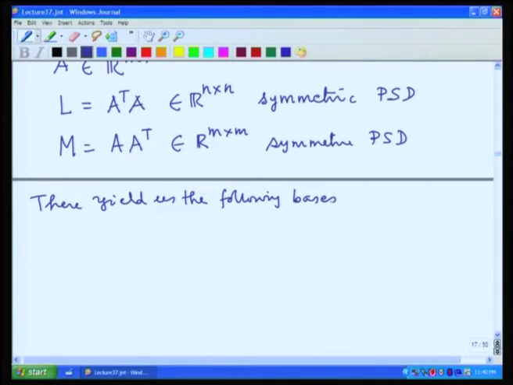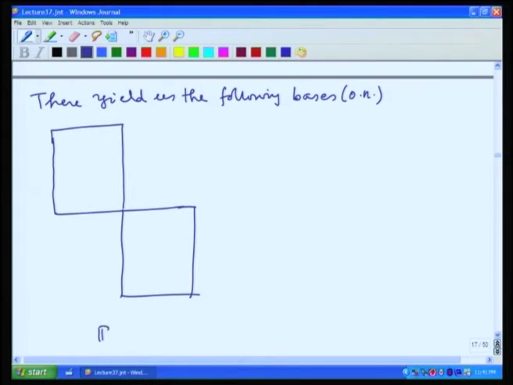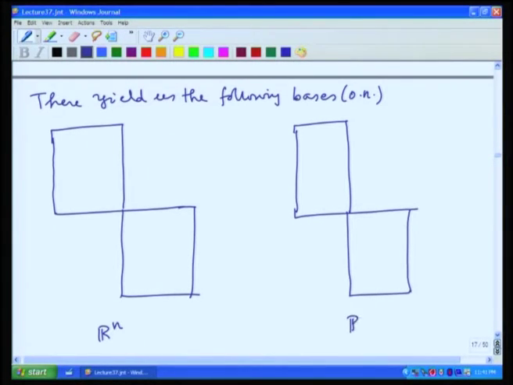bases, which are orthonormal. Again we will write the picture that we had. This is R n, and this is R m.